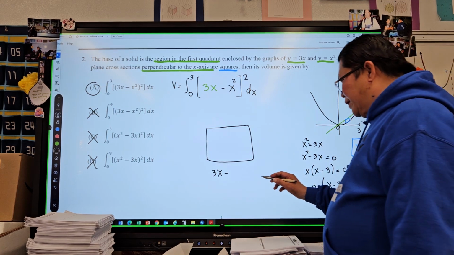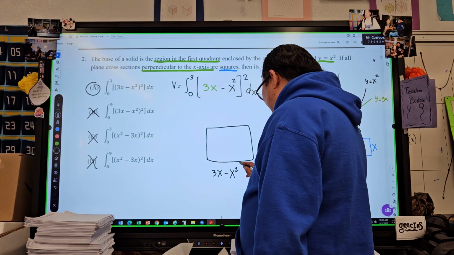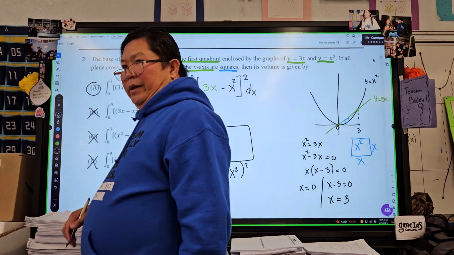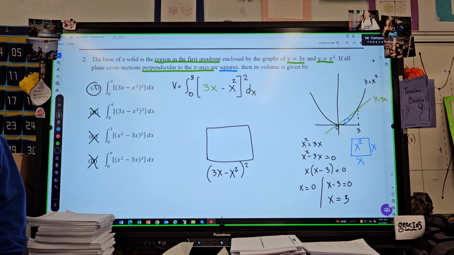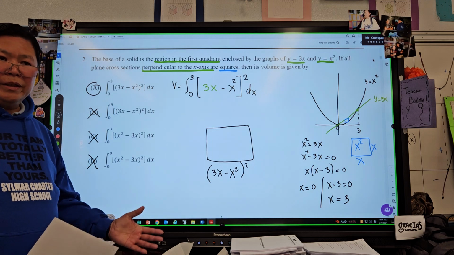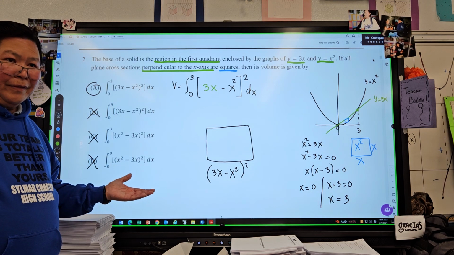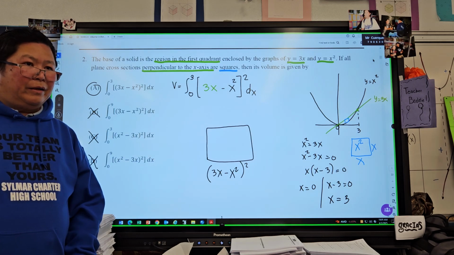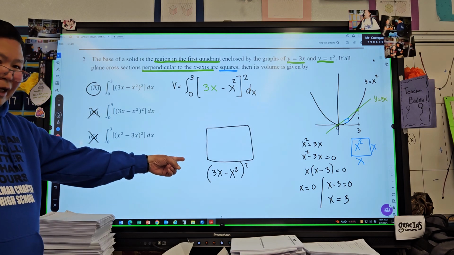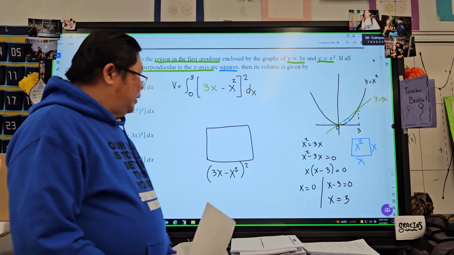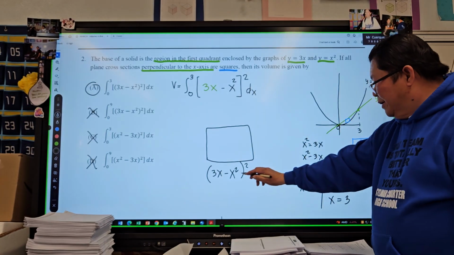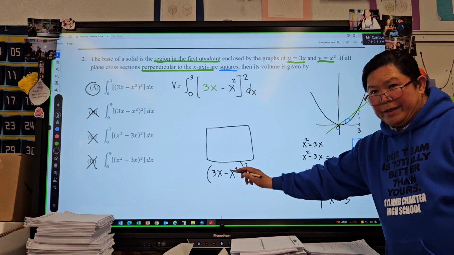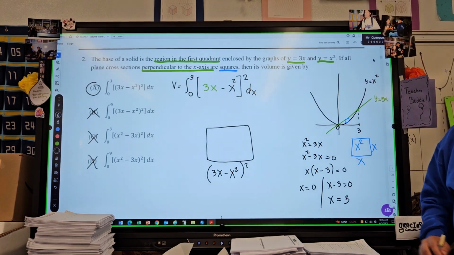Then you square that one, and that's the area. That's the reason I want you to listen, because there are techniques which weren't discussed in the video. This is the technique: the upper, 3x, minus the lower, x squared, and then square. This is the area.